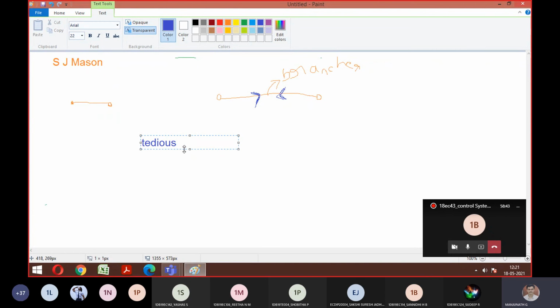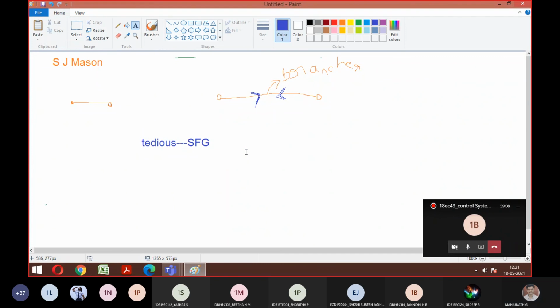Use the word tedious or more complex, both are the same. And time consuming. For a complicated system, when the block diagram reduction method becomes tedious and time consuming, then we go with a new technique called SFG. Is it okay till here for everyone?